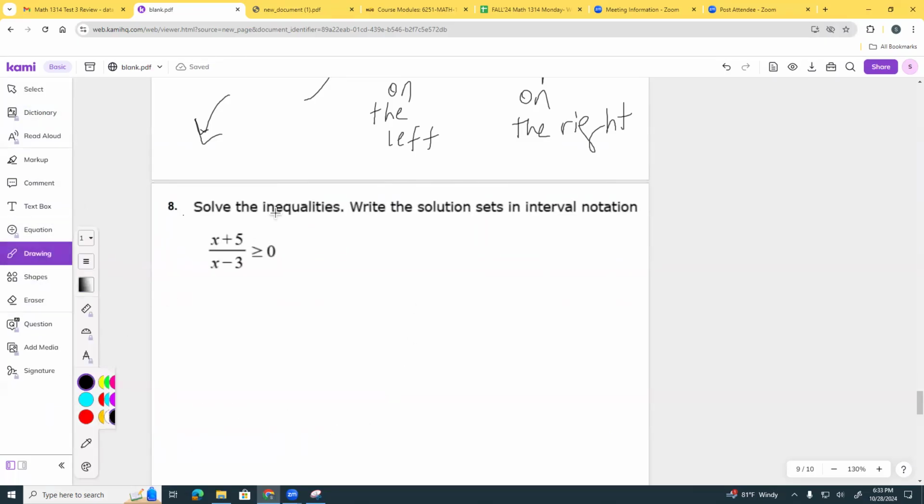It says, solve the inequality, write the solution set in interval notation. And the problem is x plus 5 divided by x minus 3 is greater than or equal to 0. So we're going to solve this inequality and write the answer in interval notation.